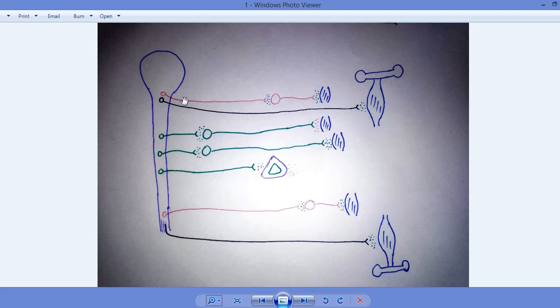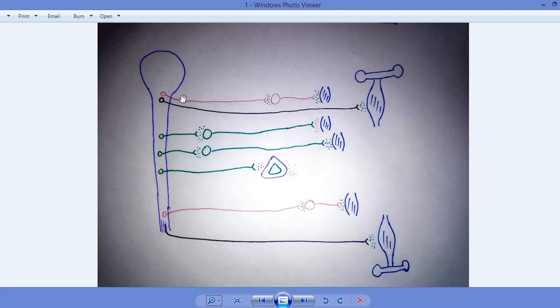Now, about the autonomic nervous system. In the autonomic nervous system, this red color neuron which arises from the brain stem or from the sacral region of the spinal cord represents the parasympathetic nervous system.